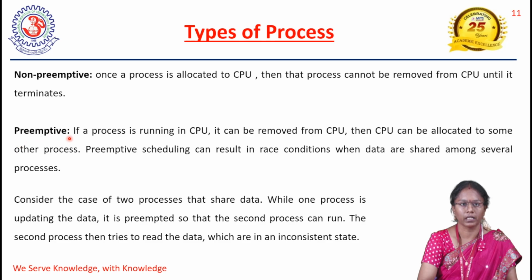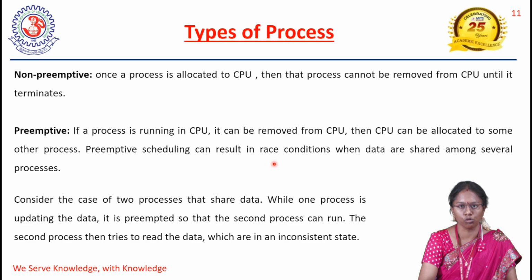Next one is preemptive. If a process is running in the CPU and in the meantime it is interrupted by another process due to some consideration, for example the upcoming process has higher priority, then the running process is interrupted by the new process.